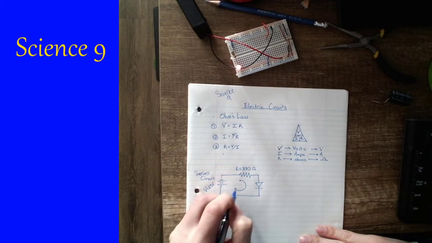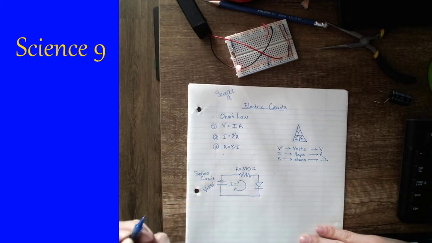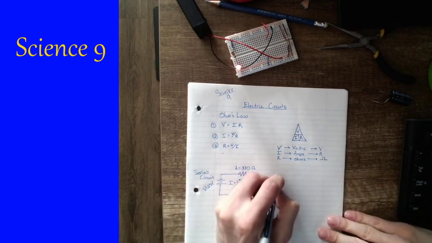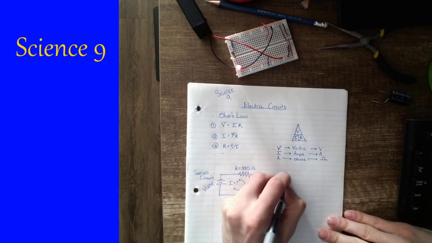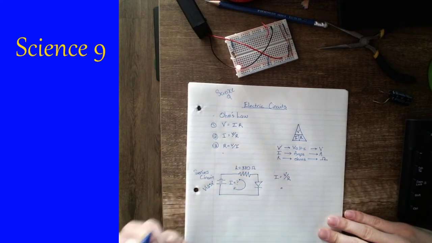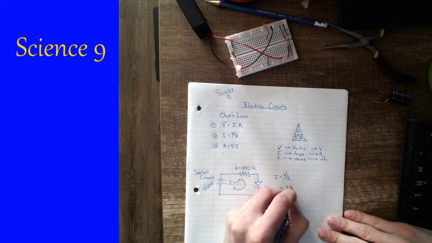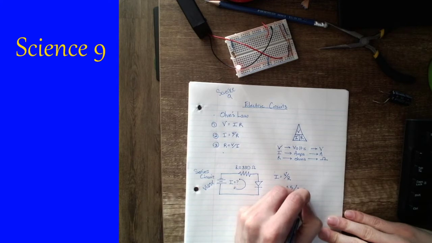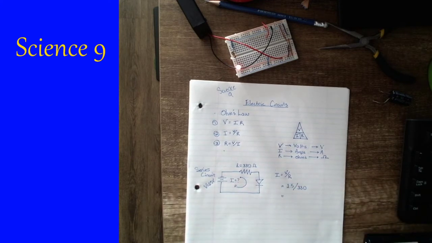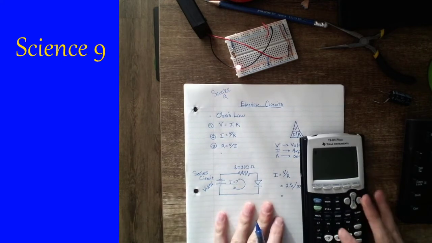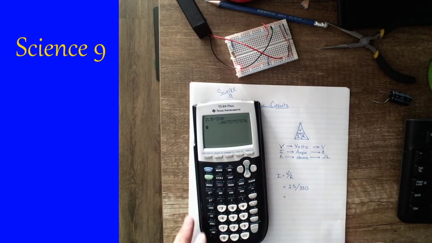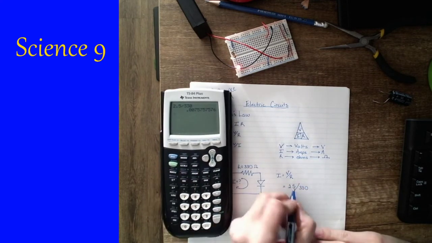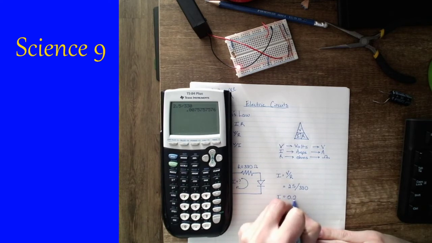We may wish to calculate the current running through the circuit. So I want to know the current. This is equal to V divided by R. So it's equal to 2.5 divided by 330. And that gives us, we can put it in the calculator, 2.5 divided by 330 is 0.0075.